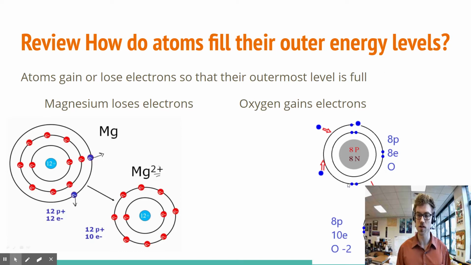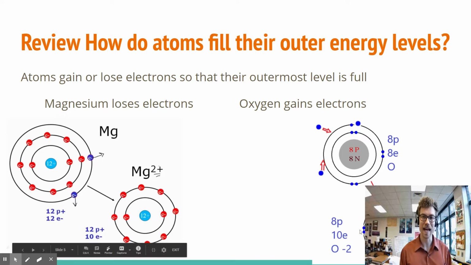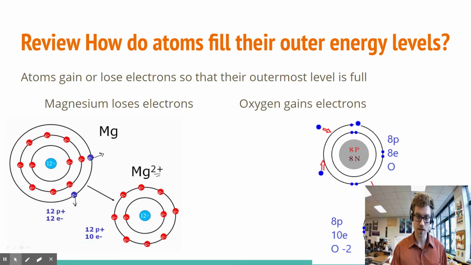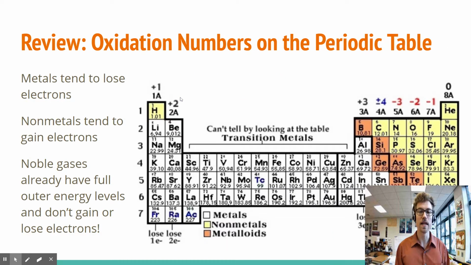When it gains those 2 electrons, it's going to have a -2 charge because it's going to have 8 protons and 10 electrons. So remember, atoms want to have their outermost energy level be full, and in order to make that happen, they need to be gaining or losing electrons.